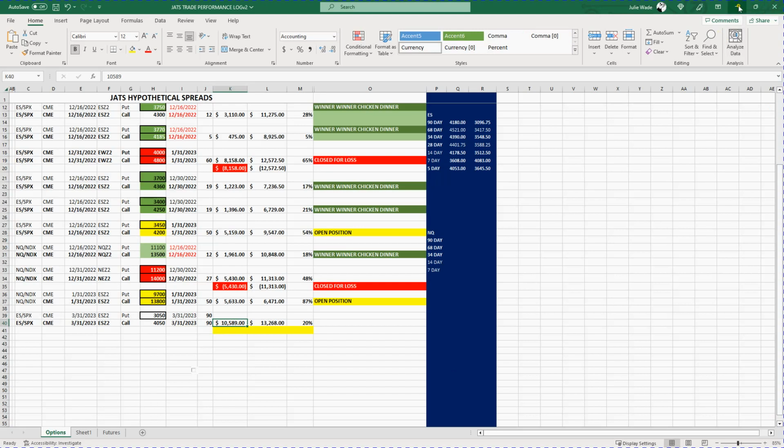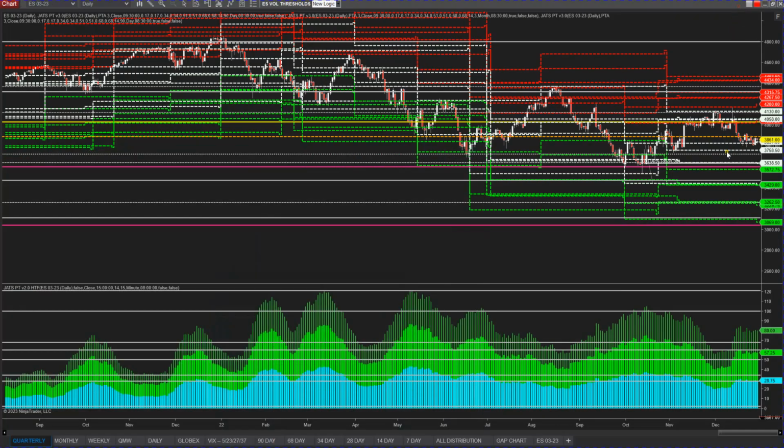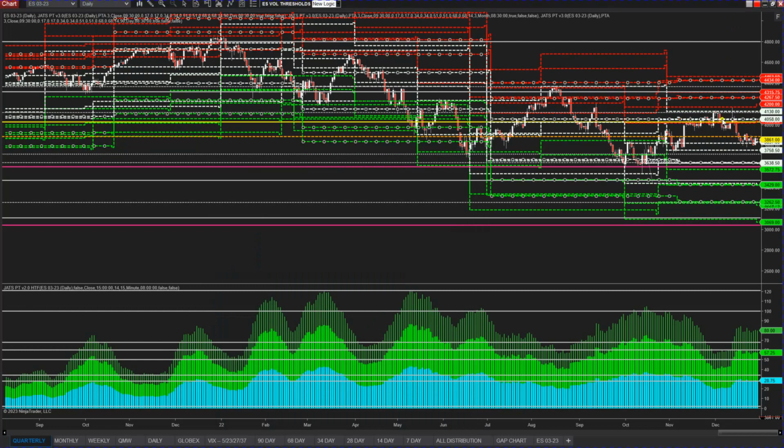So my call is at 40.50 right here on their call wall. So I'm just joining their call wall. And if that gets challenged, I have a little bit of a break even, but I will probably sell a call higher.